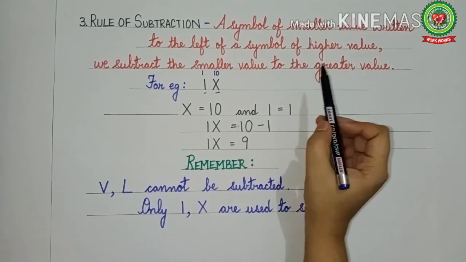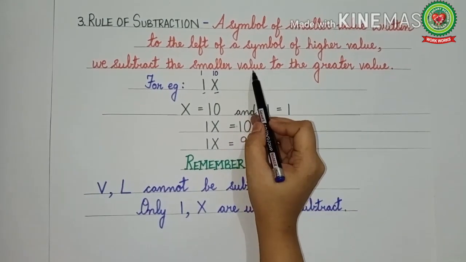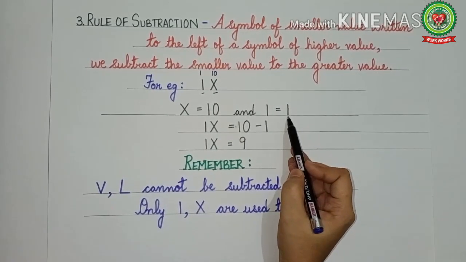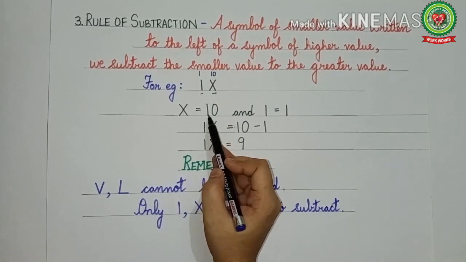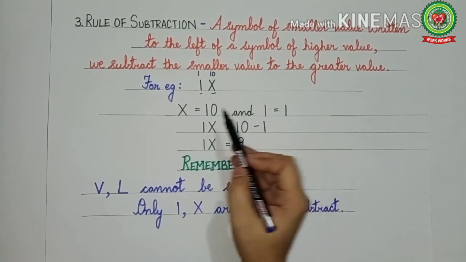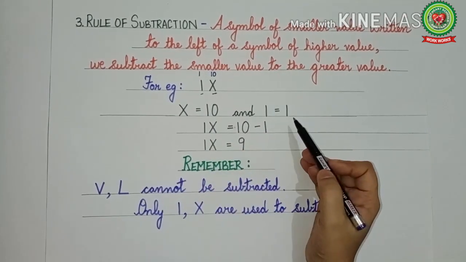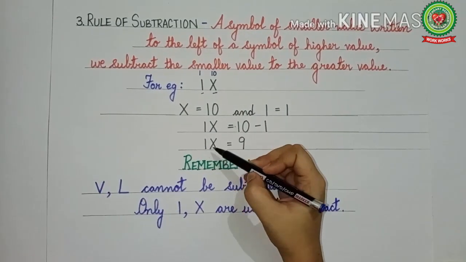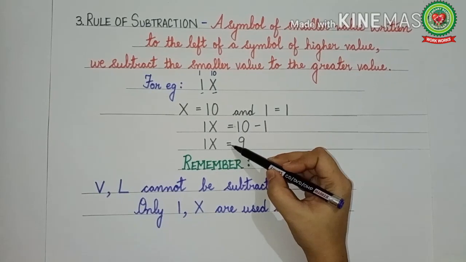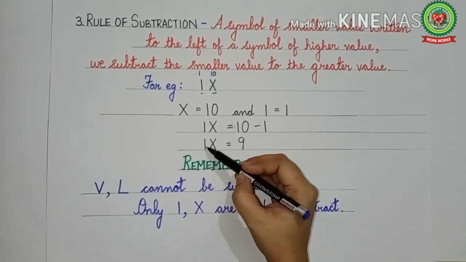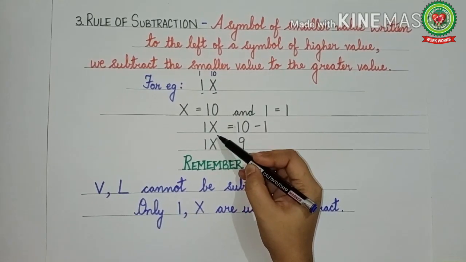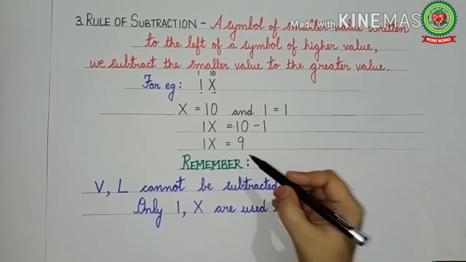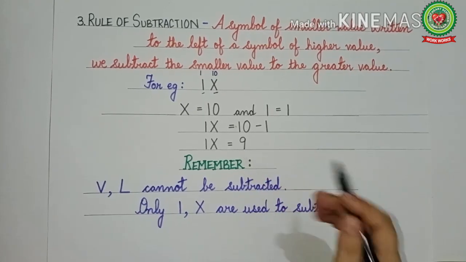Now we have to subtract the smaller value from the greater value. The smaller value is 1 and the greater value is 10. When we subtract 1 from 10, 10 minus 1 is how much? 9. That means IX is equal to 9. I means 1, X means 10, so we are subtracting 1 from 10 and getting 9.